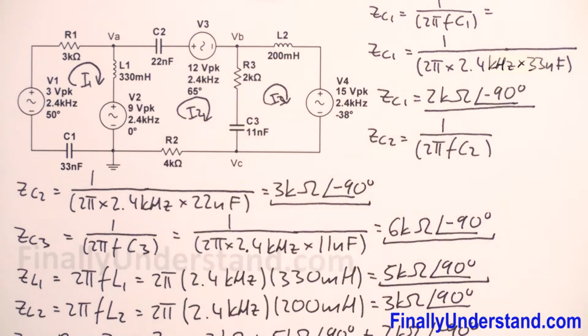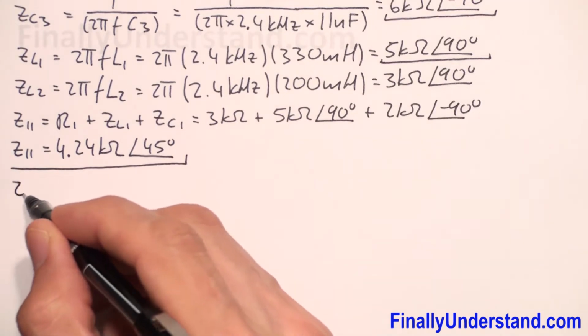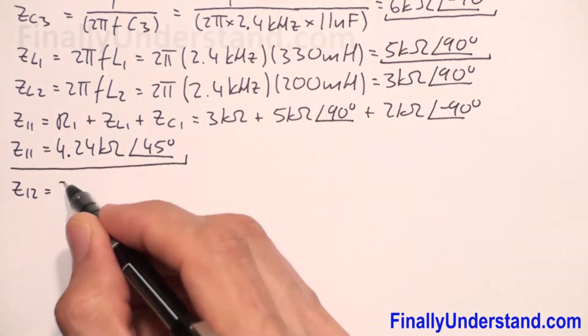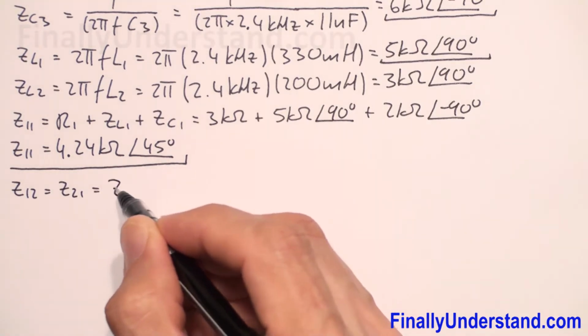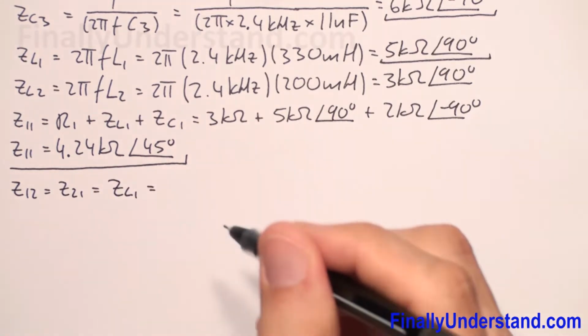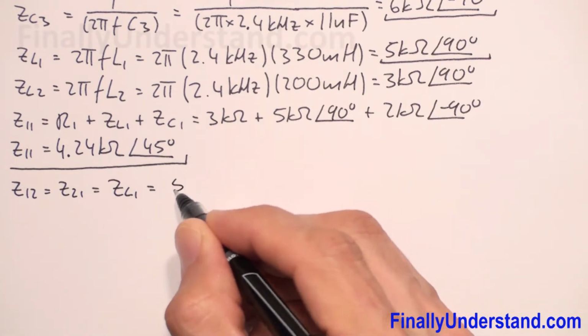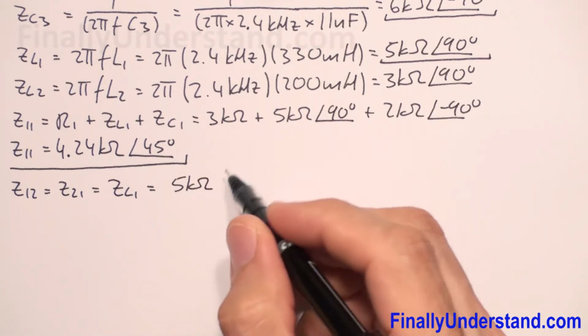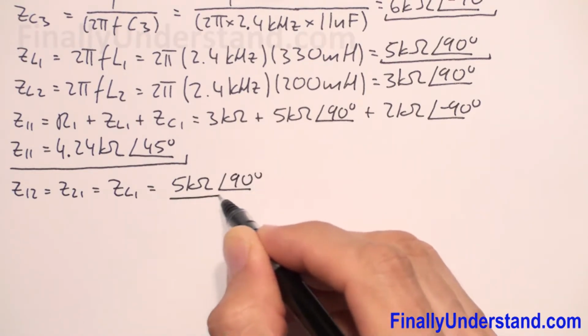That's why I'm going to write that Z12 is equal Z21. This is equal ZL1, and we found that ZL1 is equal 5 kiloohms and angle of 90 degrees.